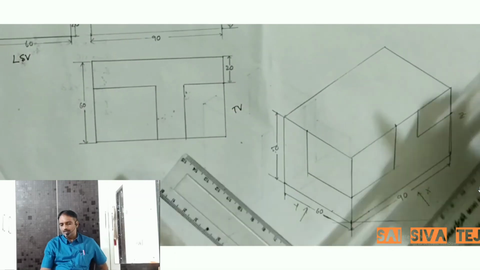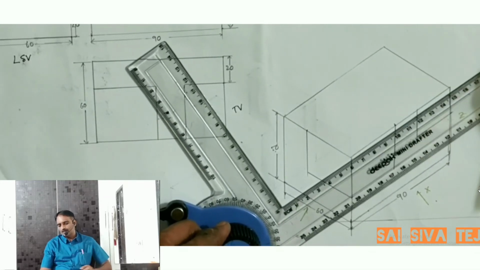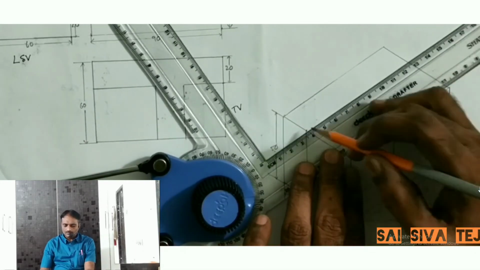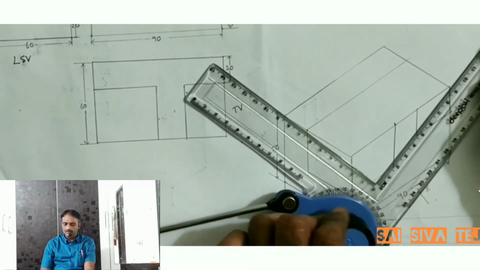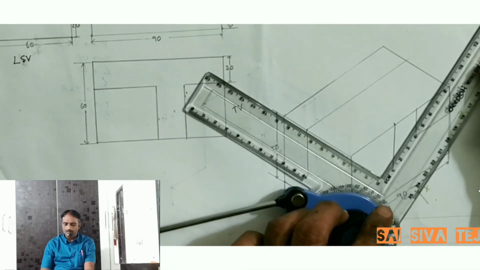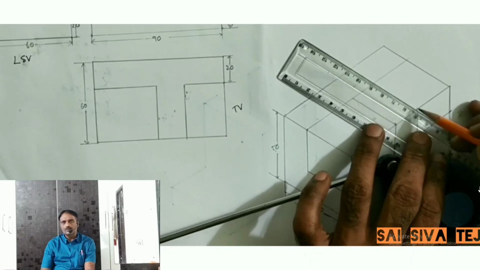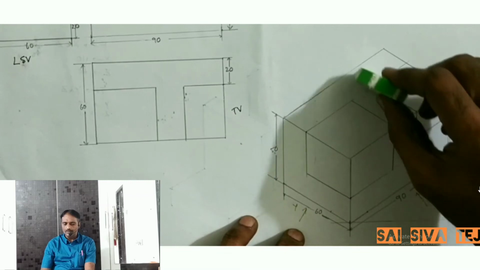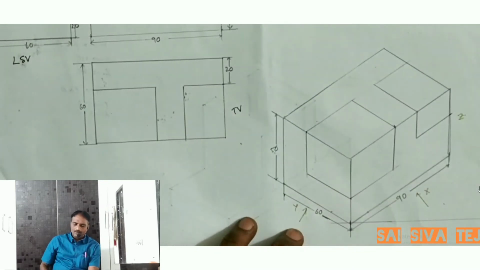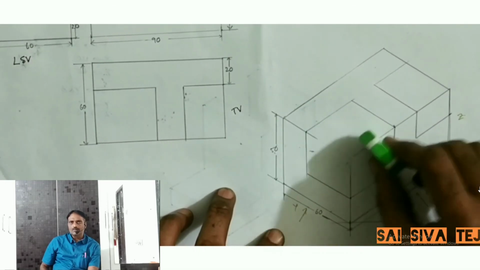At a distance of 20, we have to draw a parallel line. Like that, we have to represent all the three views or two views, whatever we are given, onto that developed cuboid or cube. And once it is over, we have to remove the excess lines which are not required for us.